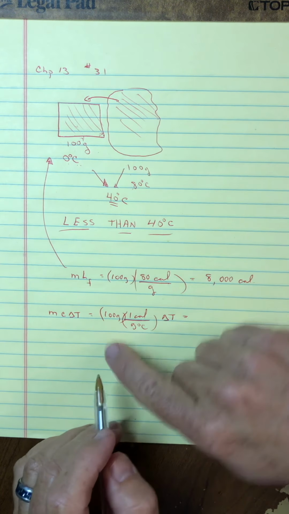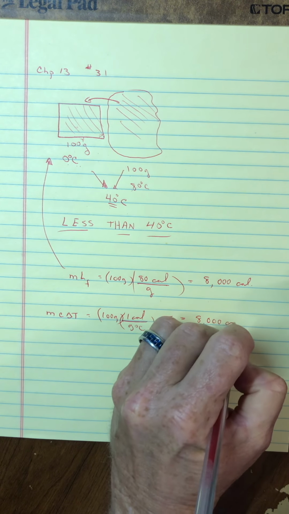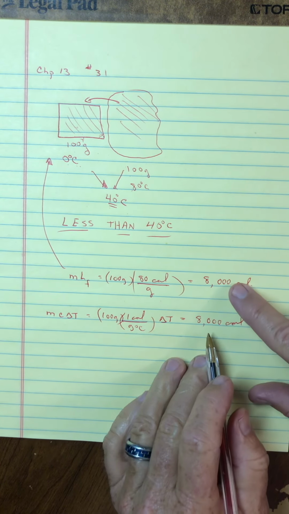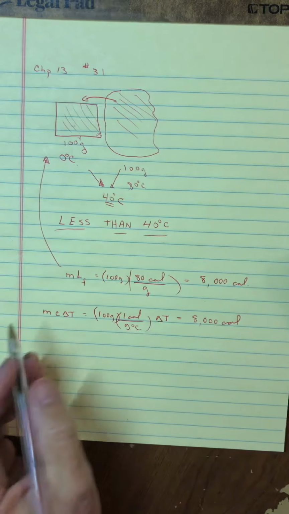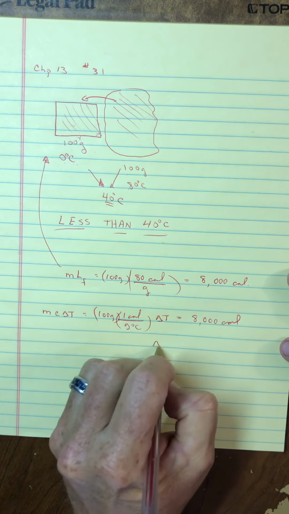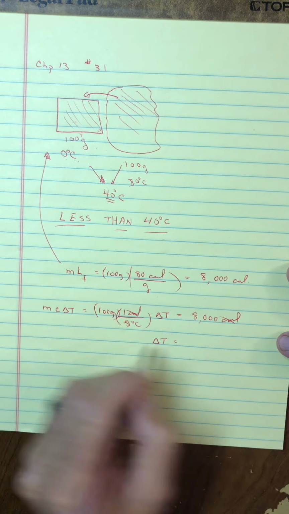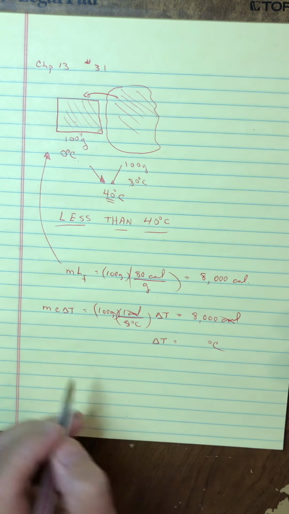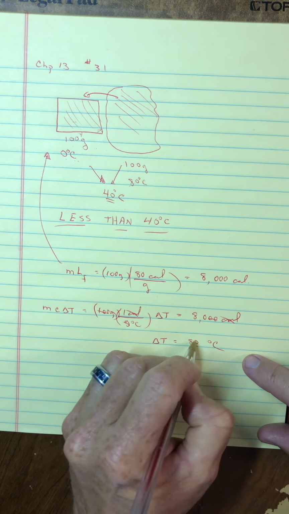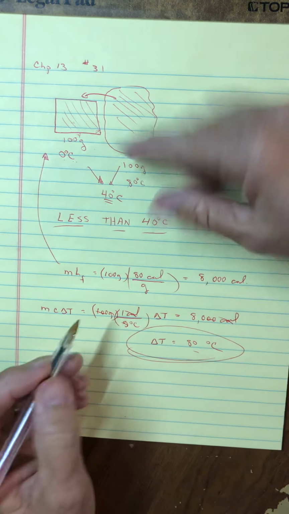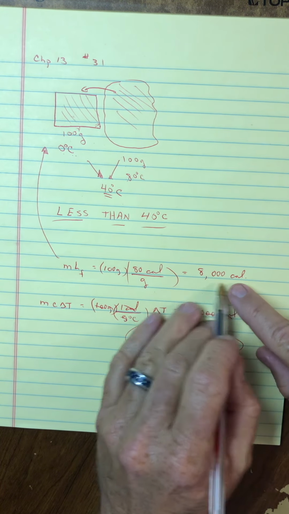How much does this have to go down in order to release the 8,000 calories that is needed in order to melt all this ice before we can decide where they meet in the middle? All right, well, let's do this change in temperature. Calories would cancel off, grams would cancel off, and as far as units go, you would have degrees Celsius. And then if you divide by 100, you get 80. So this thing has to cool down 80 degrees to give off enough energy, which is 8,000 calories, in order to melt all that.